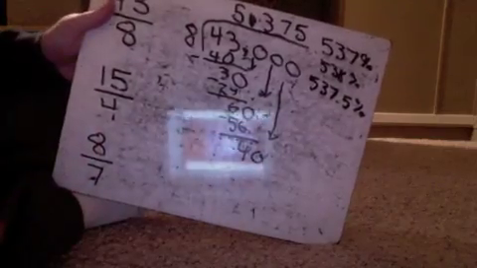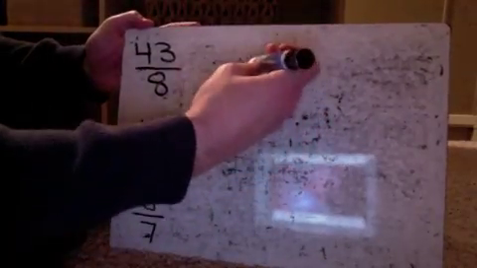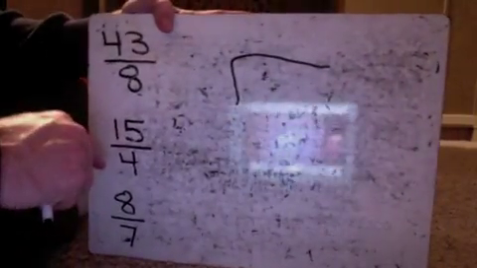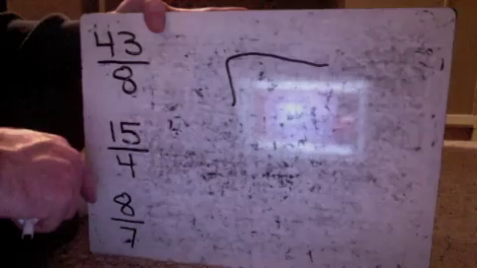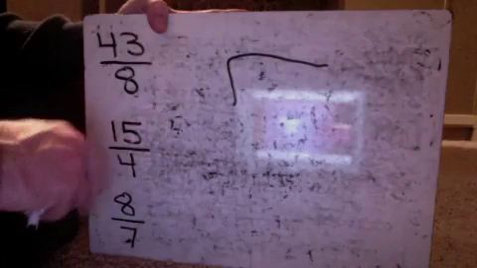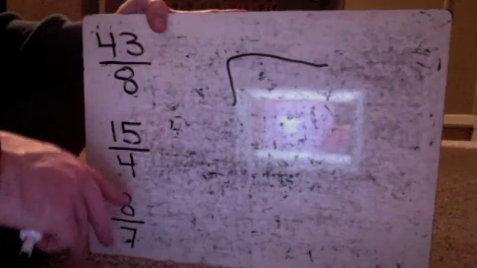Maybe it's easier if I just get rid of this right here. That'd probably be a good idea. Okay. 15/4. Again, this is going to be more than one whole because the fraction is more than one whole. 4/4 would be exactly one whole, which would be 100%. 8/4 would be 2 wholes, which would be 200%. 12/4 would be 3 wholes, which would be 300%.